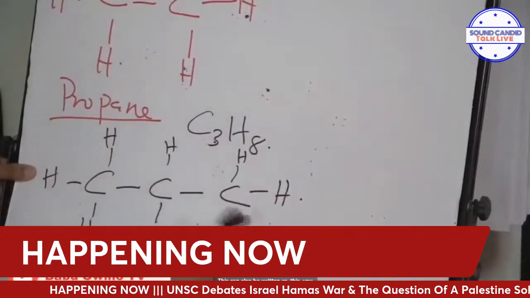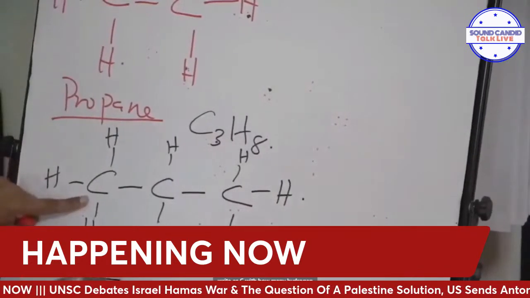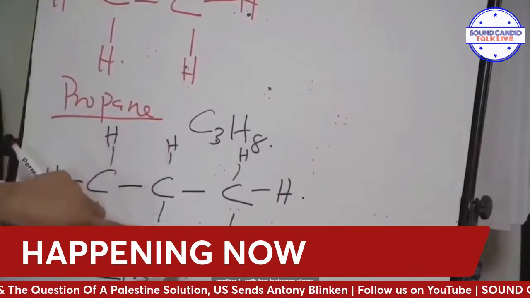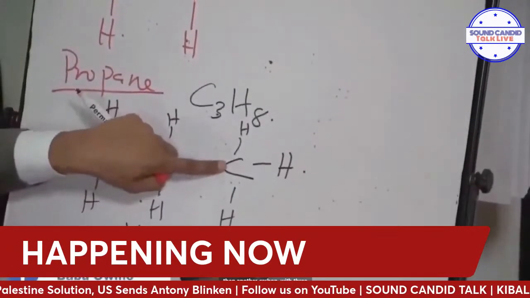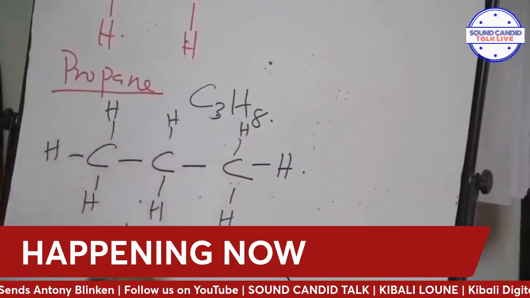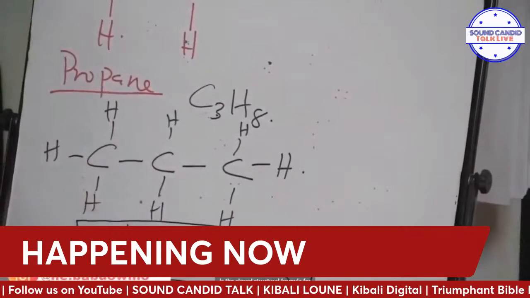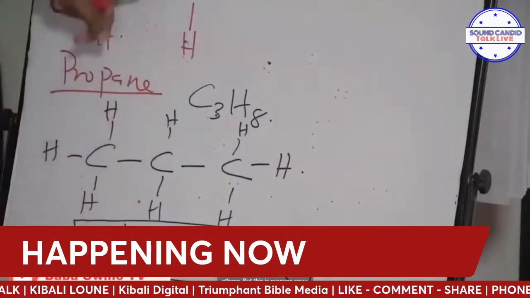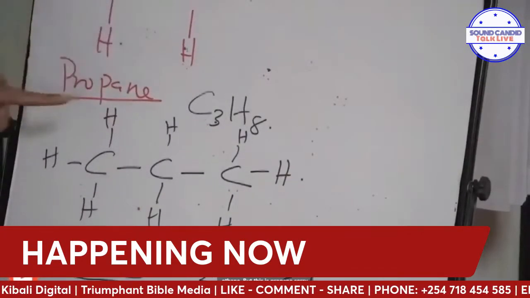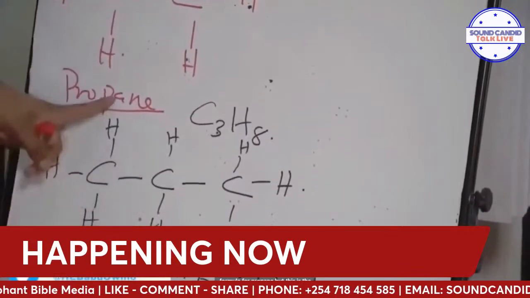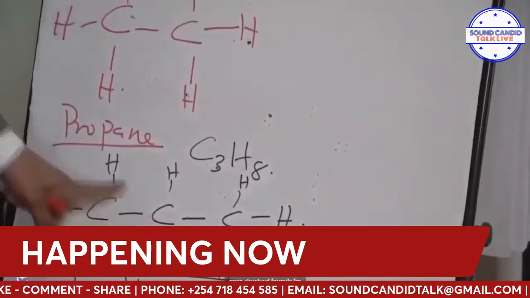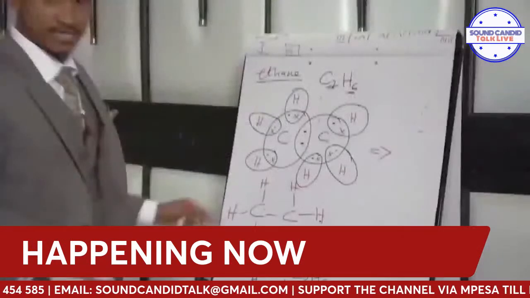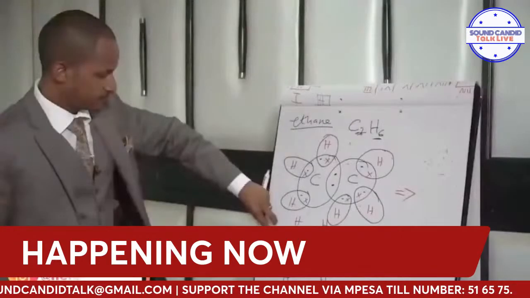This can also be written as C with 3 hydrogen atoms, then another C with 2 hydrogen atoms, then another carbon with 3 hydrogen atoms. This is the closed structural formula for propane, but this is the open structural formula for propane. You can go on and on up to the 10th one.